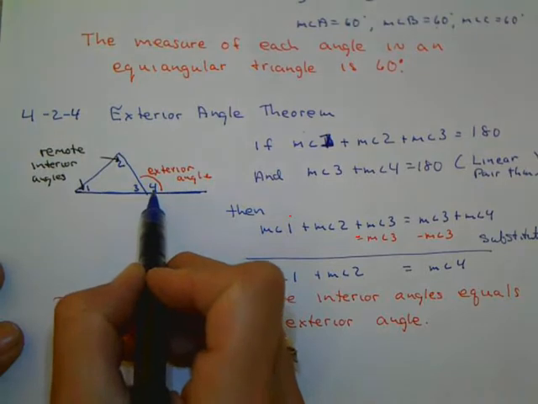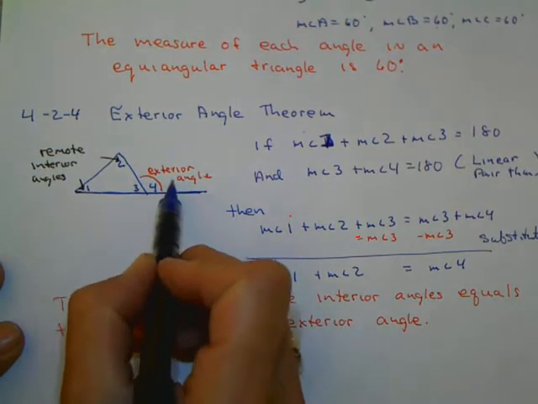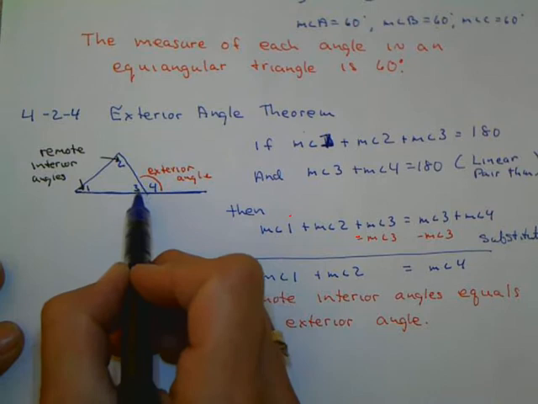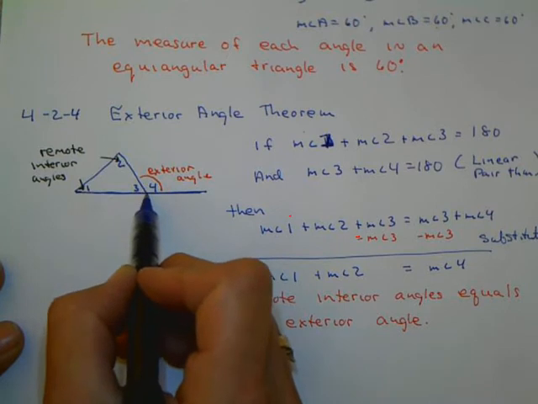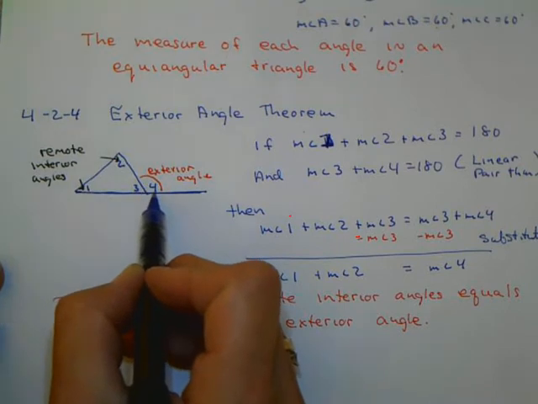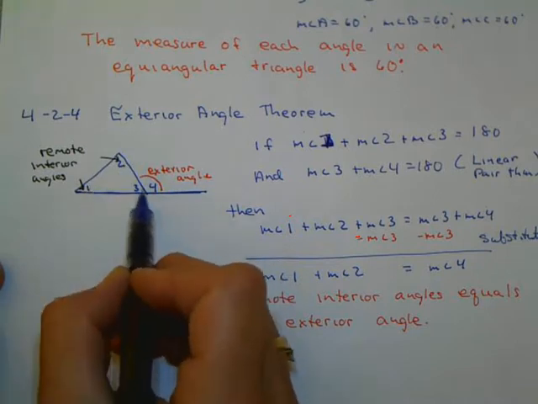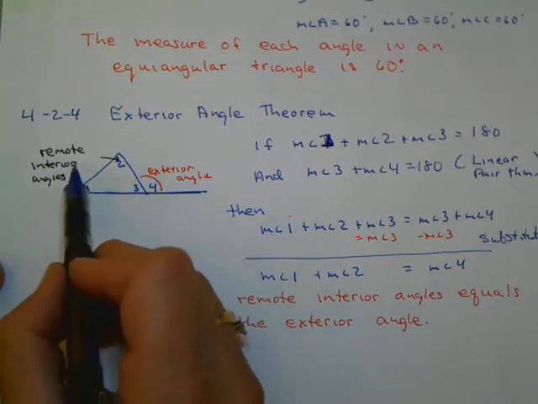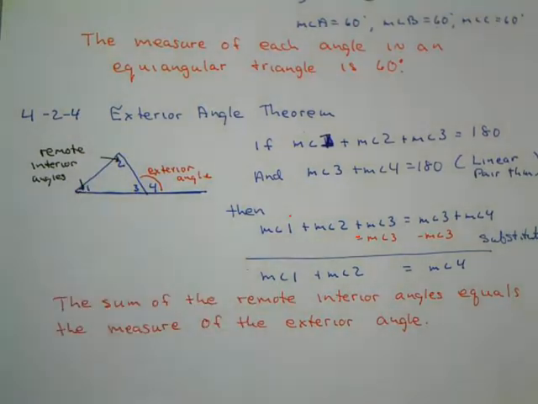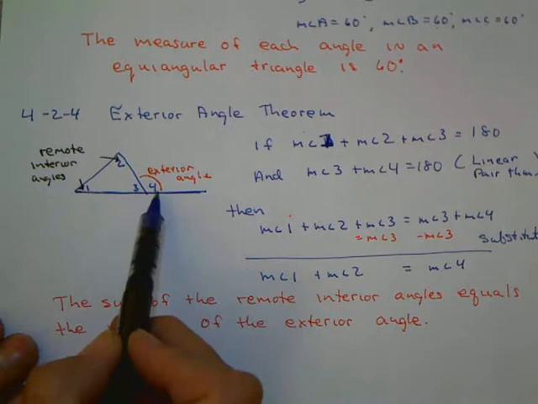And this angle is adjacent to angle 3, so these two are adjacent, and this is the exterior angle at 3. Now these are both interior angles that are not adjacent here, so we call them remote interior angles. Remote because they're far away from this exterior angle, just like a remote island would be far away from civilization.